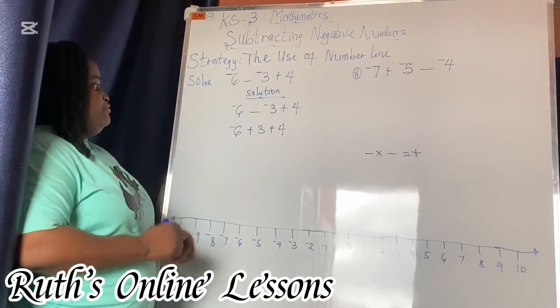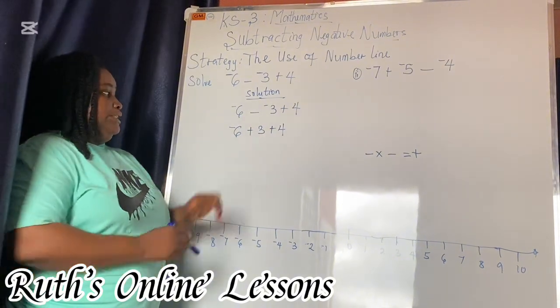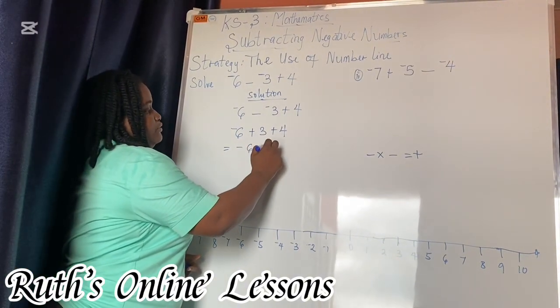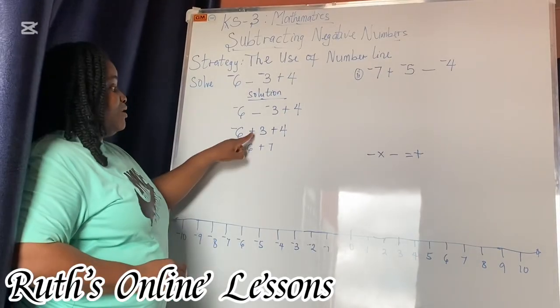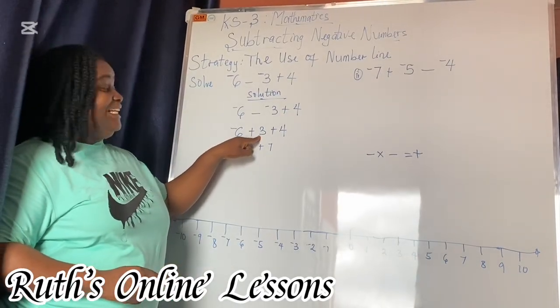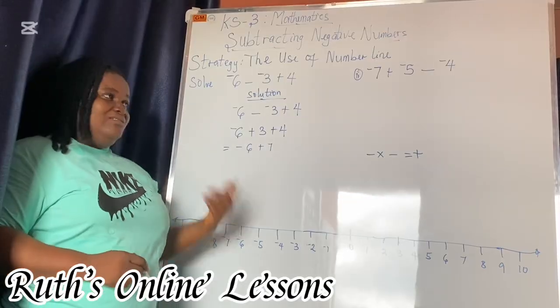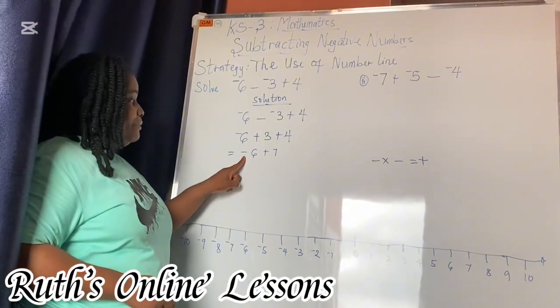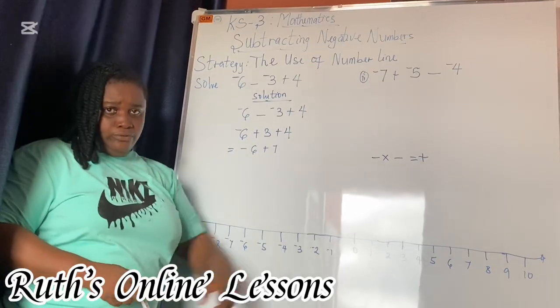If that is the case, this is the same thing as saying -6 plus 7, because this is +3, and this is +4. 3 plus 4, 4 plus 3, 7. So we have -6 plus 7.